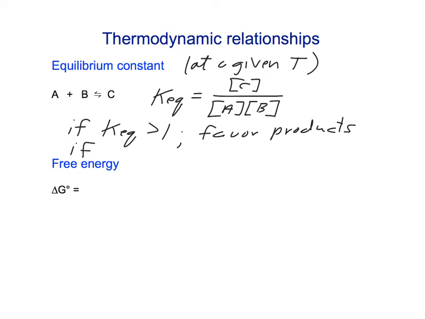Alternatively, if the equilibrium constant is less than 1, that means that the denominator is bigger than the numerator, and so this reaction would favor the reactants.